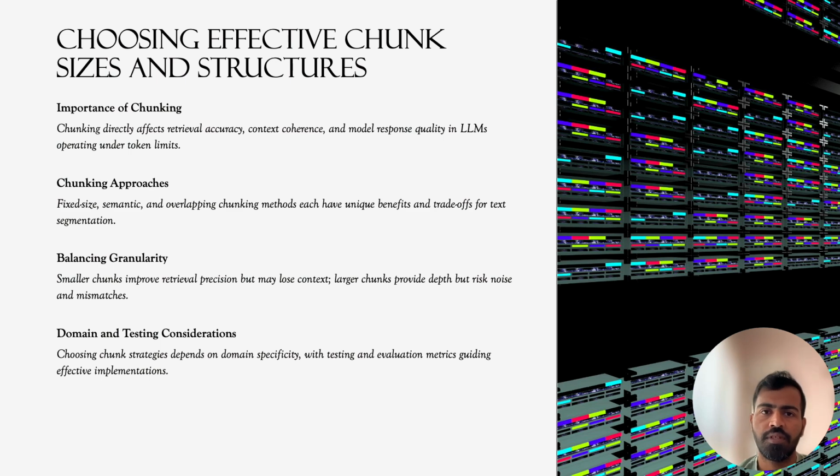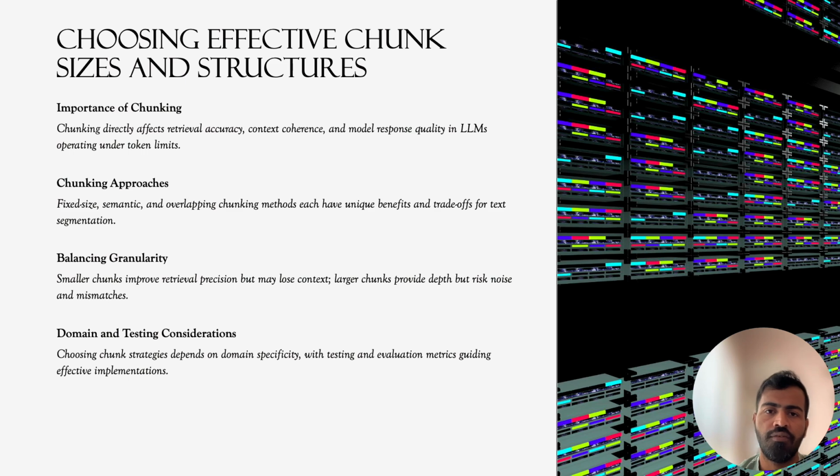The key trade-off is granularity. Small chunks improve precision but can lose context. Large chunks retain meaning but may add noise or weaken semantic matching. Domain matters. For technical content, semantic chunking often works better; for narrative structured text, fixed size may be enough.